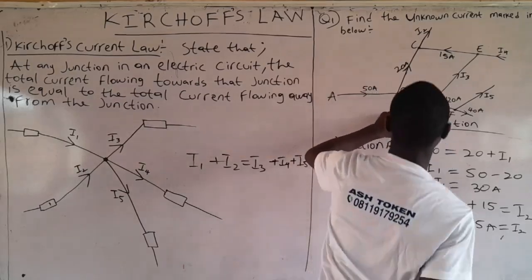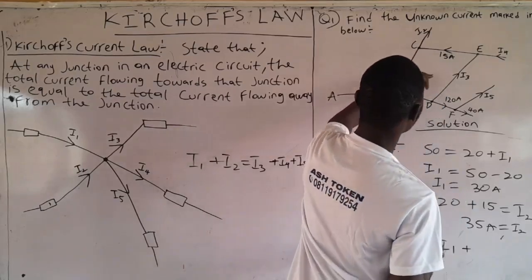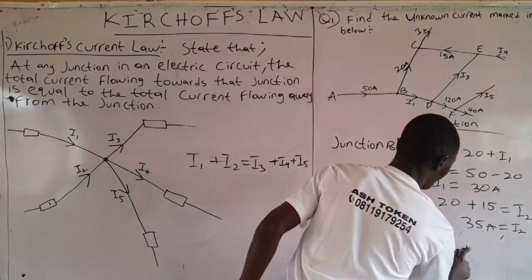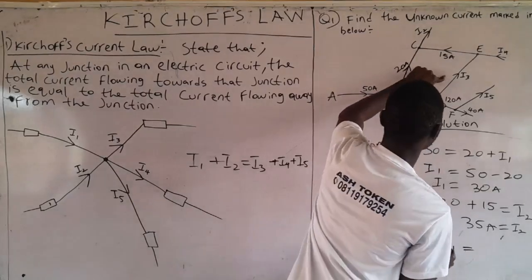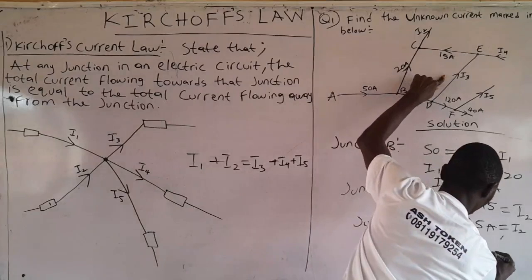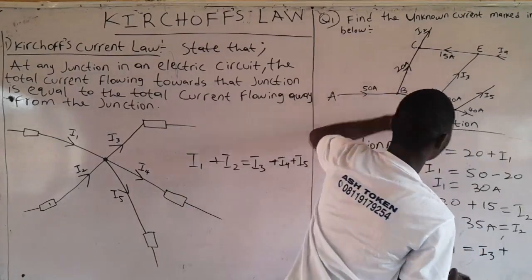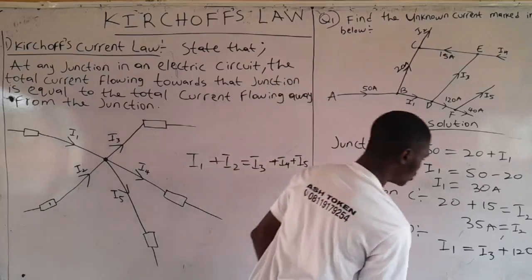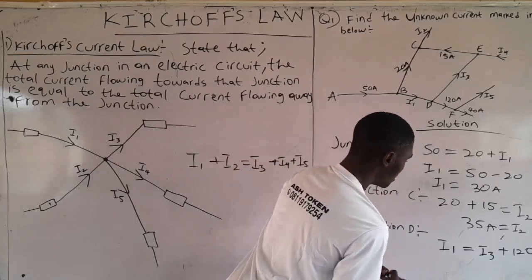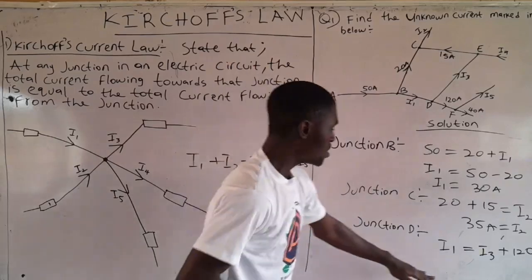I1 equals I3, which is leaving, plus 120, which is also leaving the junction. Right? So, you can see we have two unknowns.